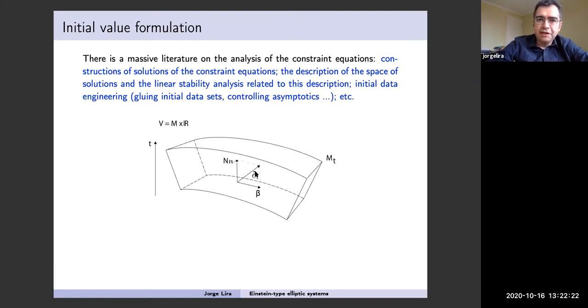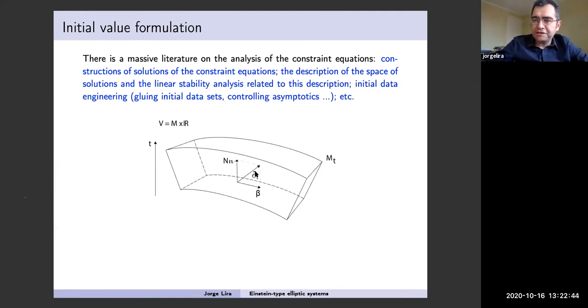that are part of this temporal vector field ∂t. So just to fix some notation, from now on you consider that splitting M cross R, so you start with M, and in M you consider a vector field beta and a function N that give us the way how to follow in that transversal direction.